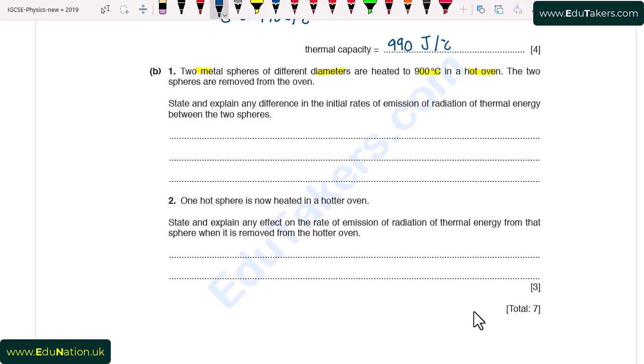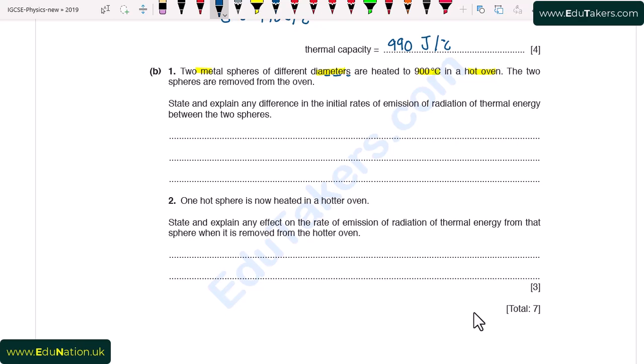So both of the spheres are made from metal and they have different diameters, and both of them are heated at 900 degrees C. It means that both of them are heated at the same temperature. The difference is that one metal sphere has a larger diameter compared to the other.